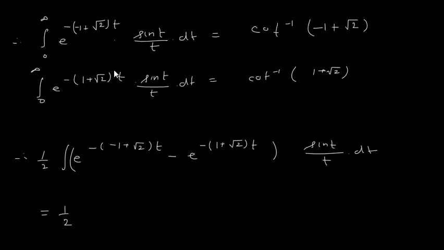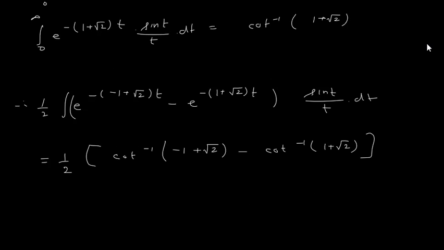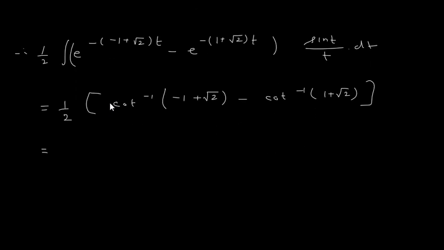will be equal to 1 upon 2. Here we have cot inverse minus 1 plus root 2 minus cot inverse 1 plus root 2. As we know the formula of tan inverse A minus tan inverse B, I will convert this cot inverse into tan inverse.